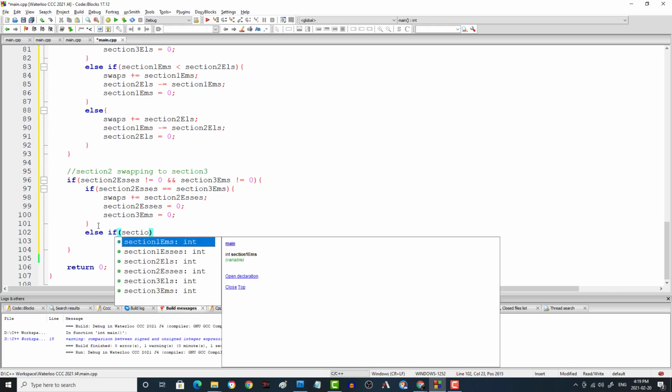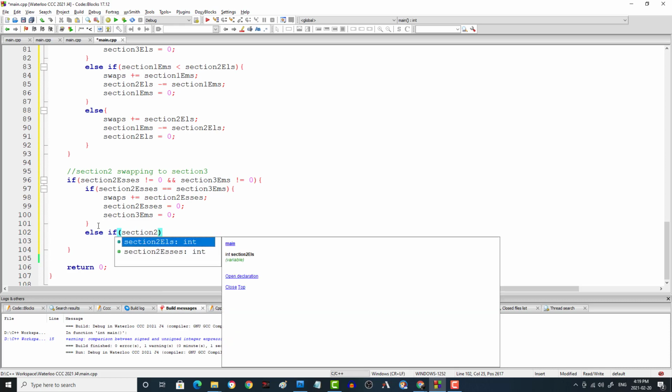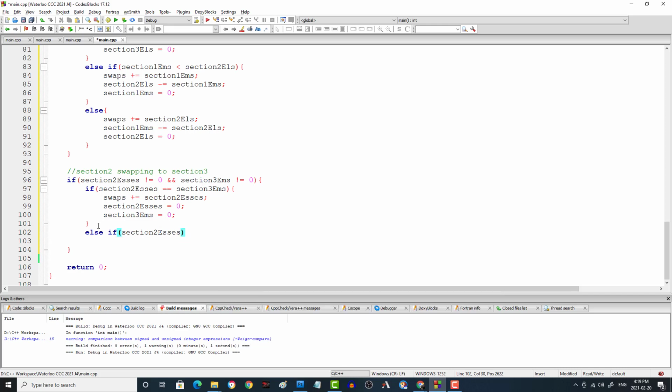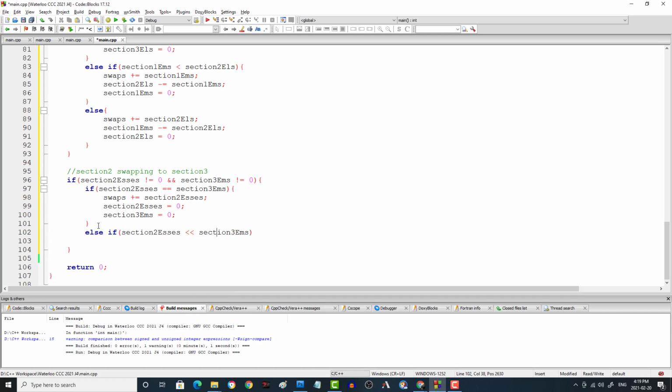Okay, else if. So now that's if they're not the same. Section 2, I care about the S's. If section 2's S's is less than section 3's M's, that means that the most I can swap is just the S's.